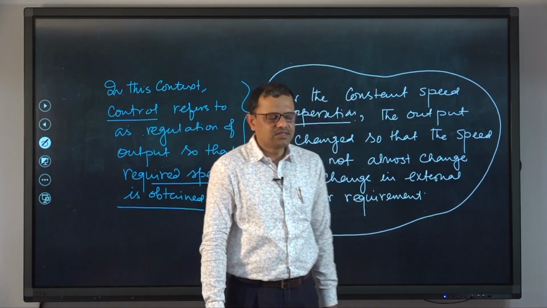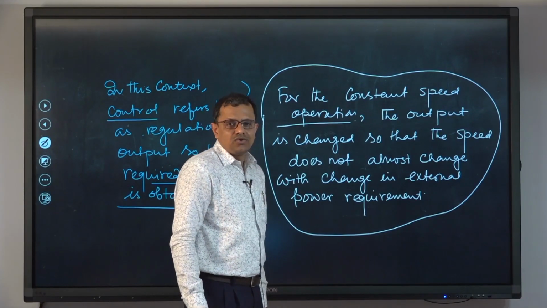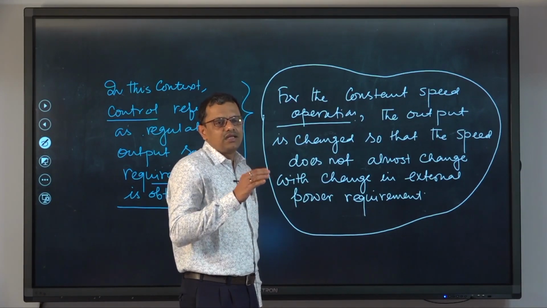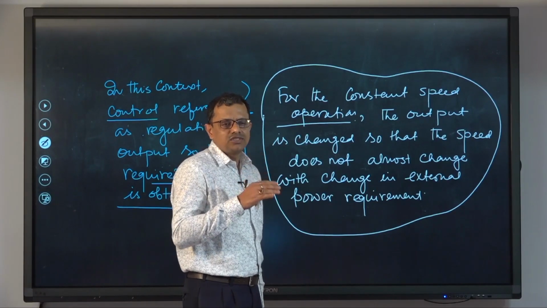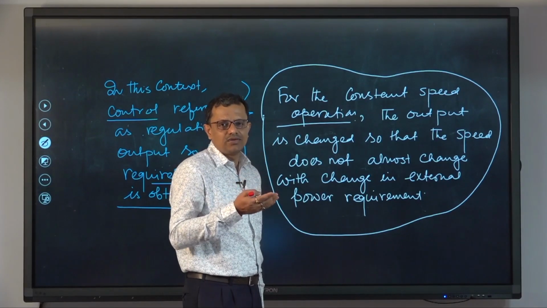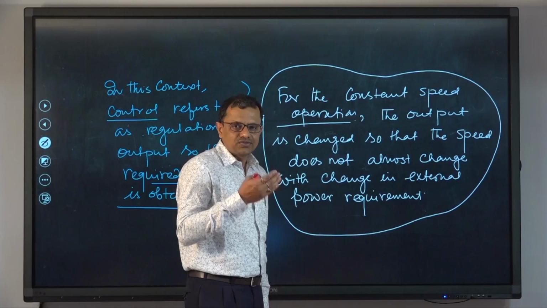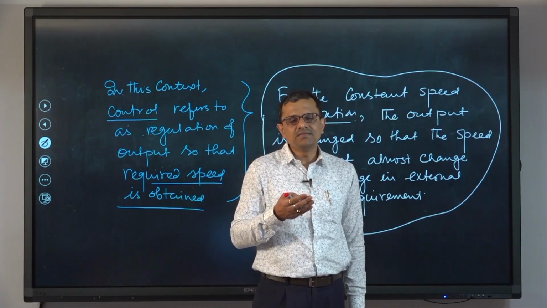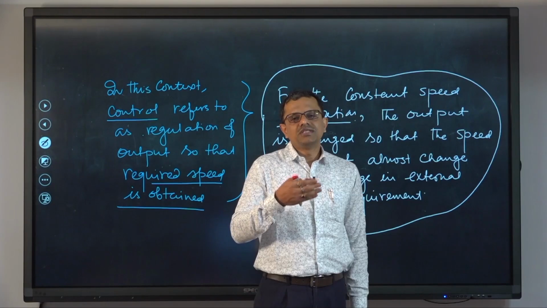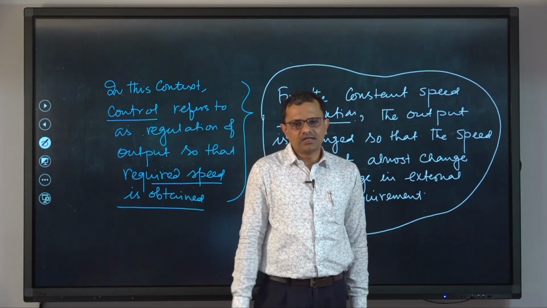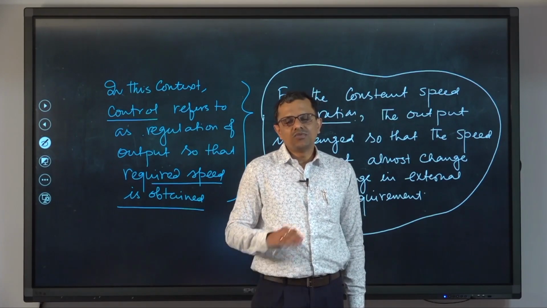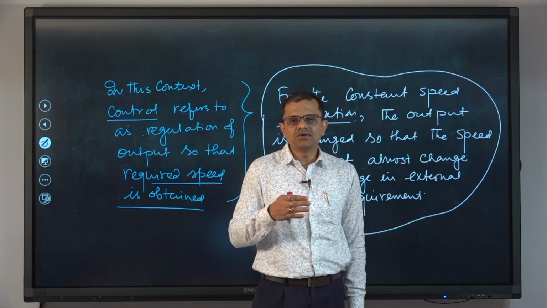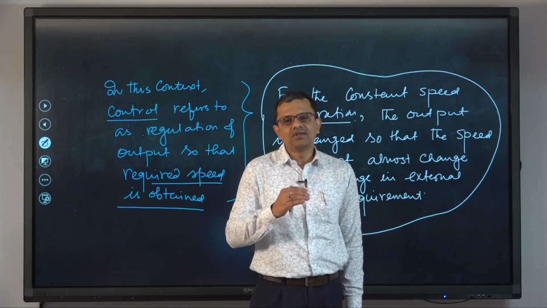Engines are provided with a speed governor, also known as a constant speed governor, and the sole function of this governor is to regulate the speed of the engine with the power so as to maintain almost constant output. That means the speed of the engine will remain constant irrespective of the load variation.